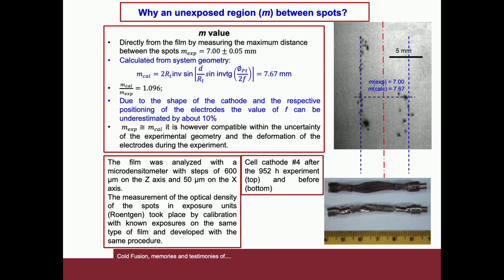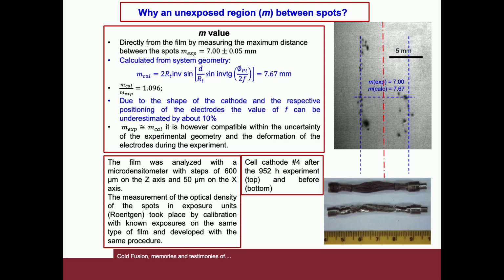Furthermore, following the electrolysis, a deformation of the electrode is created. Shown here is the cathode of cell 4 after 952 hours of experiment compared to the electrode before the experiment.